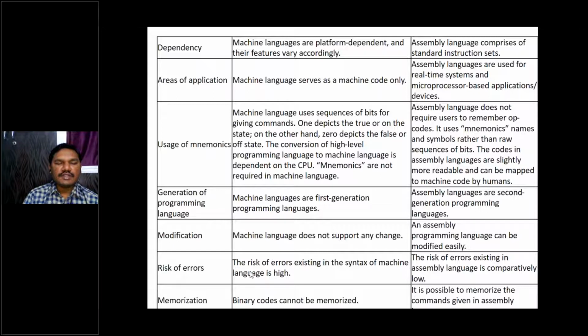You see the risk of errors in the syntax of machine code is high, whereas in assembly language the risk of errors is very low, right? Assembly languages are used for real-time applications mainly. Today we are also using them in 8051 or Atmel based microcontrollers for many real-time embedded system applications.